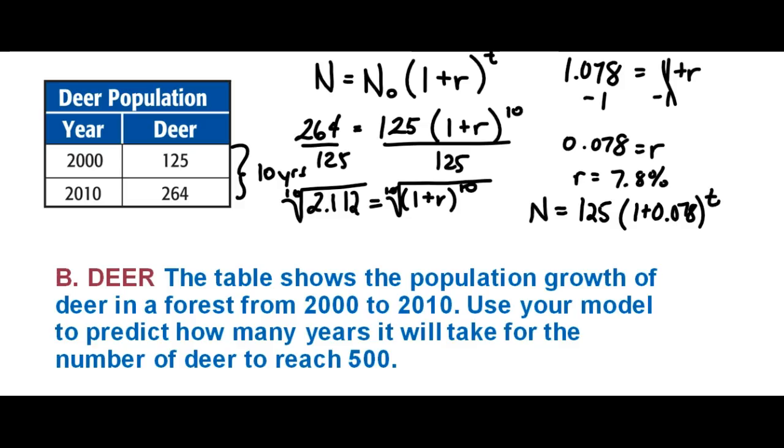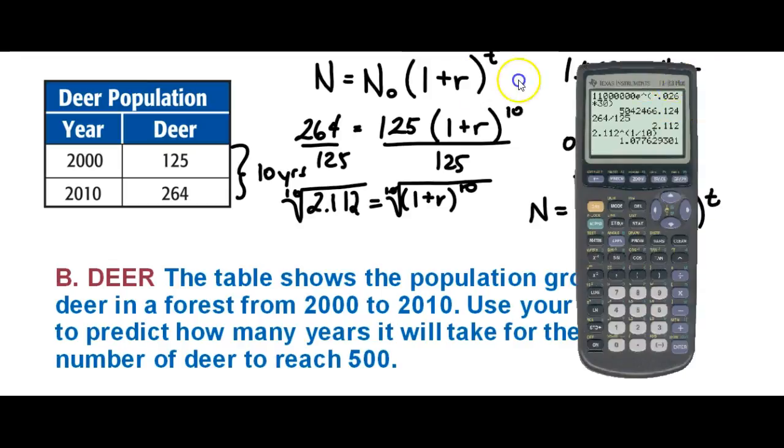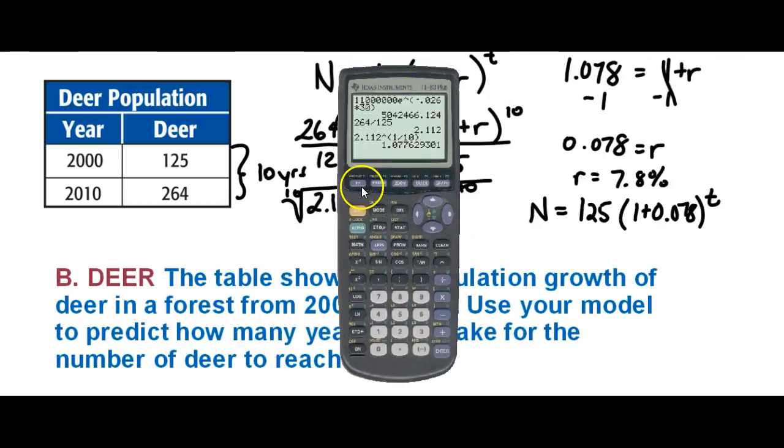Now, part B asks us to use this growth model we came up with and predict how many years it'll take for the number of deer to reach 500. So we want this n value here as a function of time to reach 500. So let's go ahead and graph this function we came up with. Clear my old functions here.